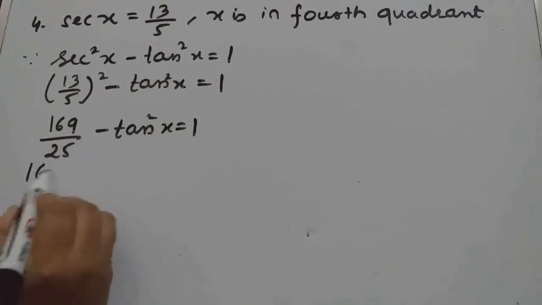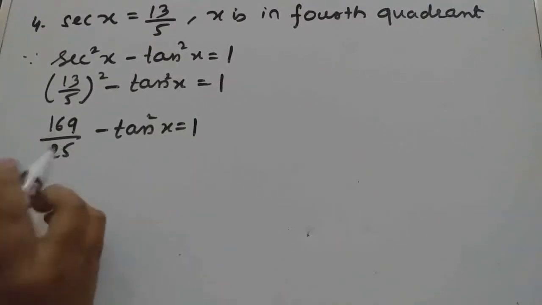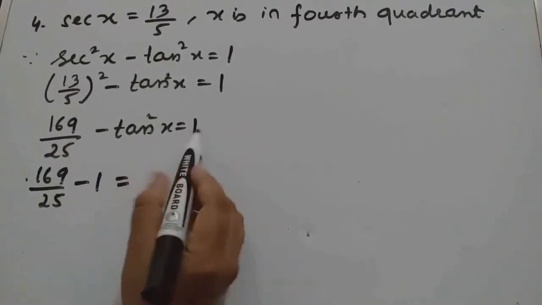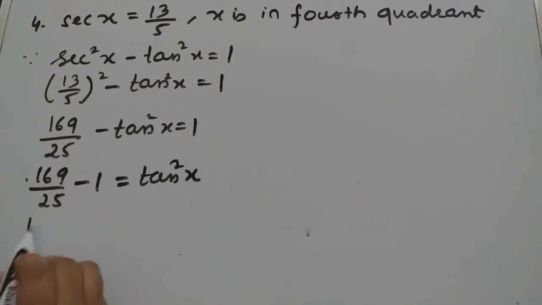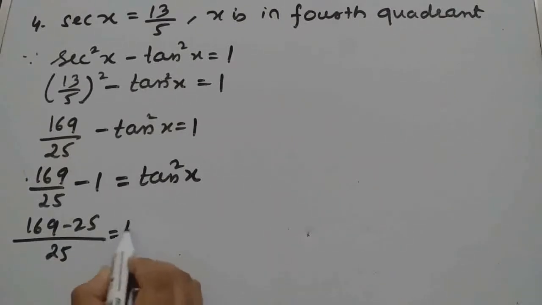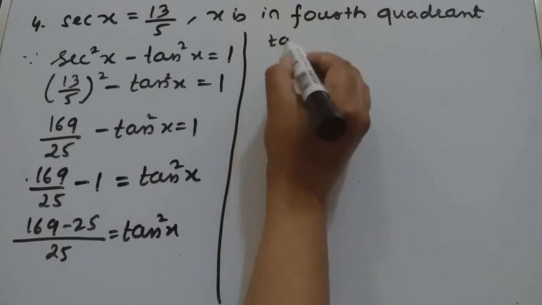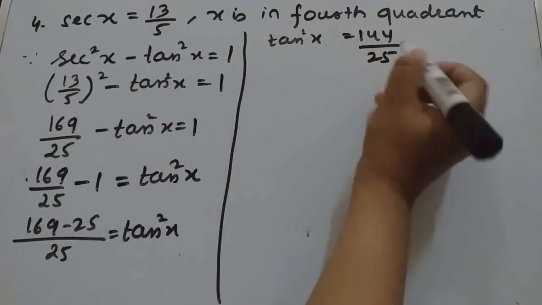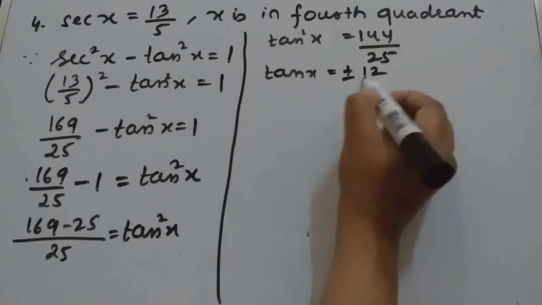Or we can shift this one here, isn't it? So 169 minus 25, which will give 144 by 25. So tan x will be plus minus 12 by 5.